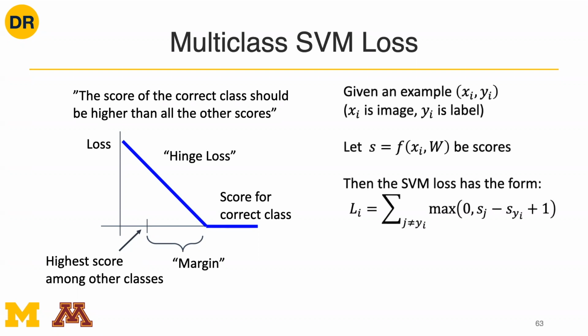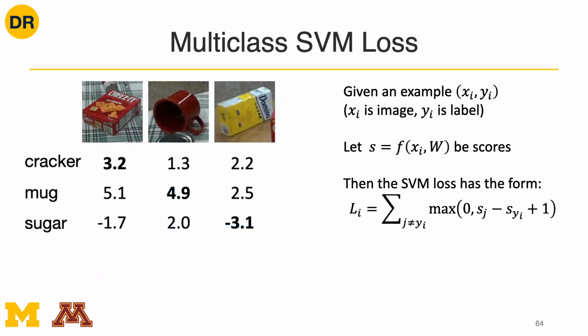Mathematically, the loss function is defined as a summation over incorrect scores, taking the max between 0 and the difference plus a margin. It's better to just look at some examples to understand. Let's say we have 3 test images from 3 different classes, and for each of these images you get a score from the classifier.